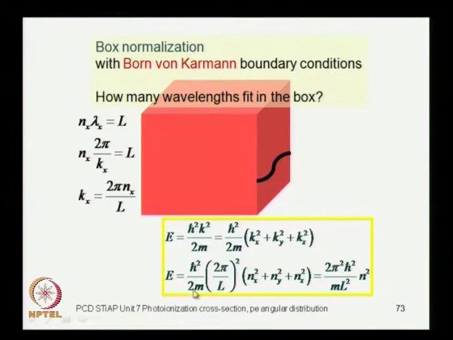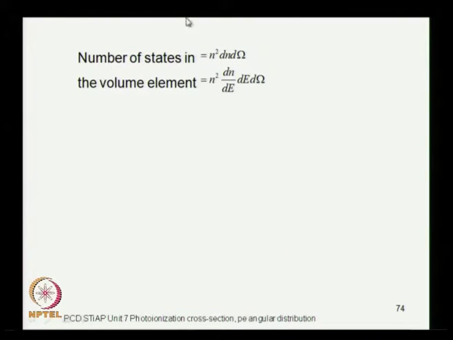This allows you to write the energy as n square times the rest of the constant factor. L is the length of the box, but it will disappear from our final result. So, this is the number of states in this volume element that we must use.